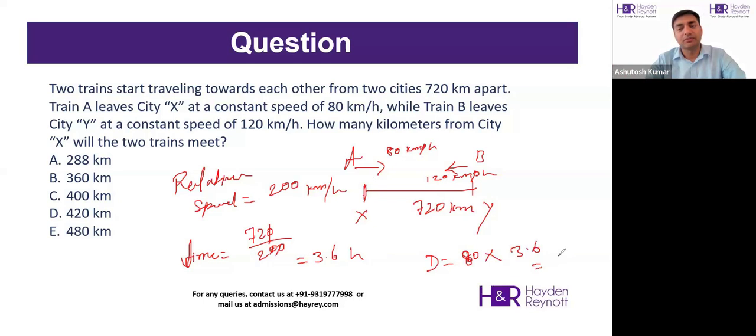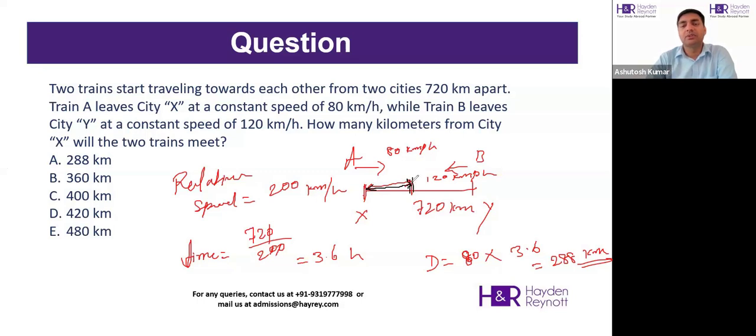When you solve it, you get 288 kilometers. So the distance traveled by A before meeting train B is 288 kilometers. It means they are going to meet at a distance of 288 kilometers from city X.